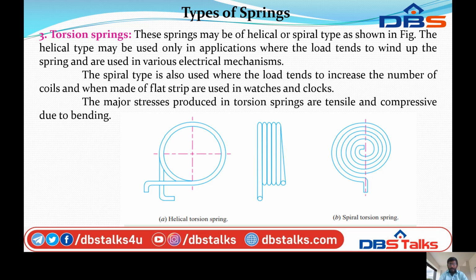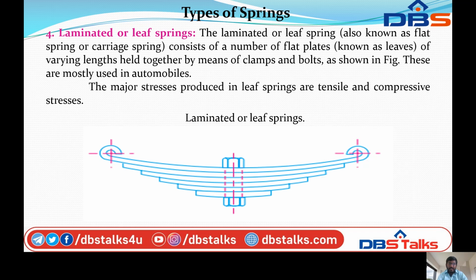So next, the fourth type of spring is the laminated or leaf spring. We are all familiar with leaf springs. These leaf springs are used in lorries for shock absorption behind the tires.